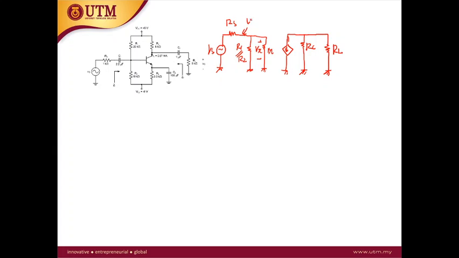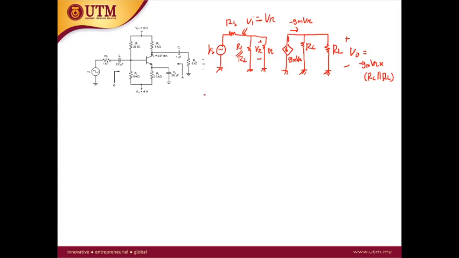So VI is equal to V pi, and then the V out is equal to gm V pi. The current towards here is minus gm V pi. So V out is equal to minus gm V pi times RC parallel with RL.